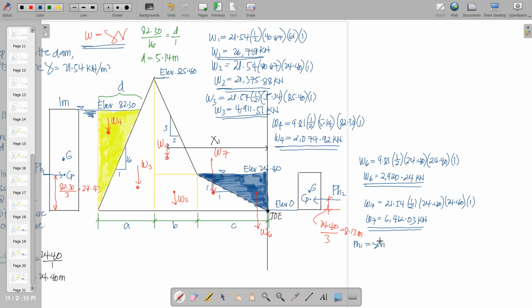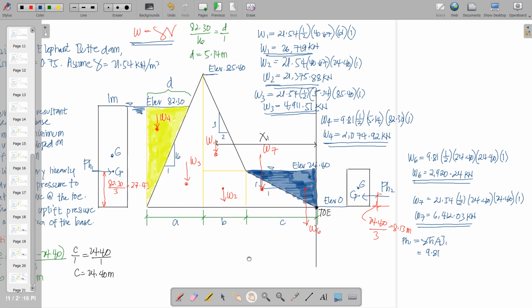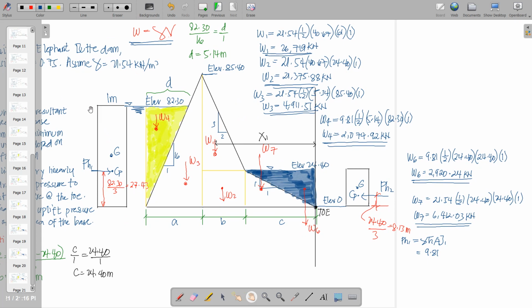gamma H bar A of 1. We have 9.81. So H bar is half of this height, and the height is 82.3.